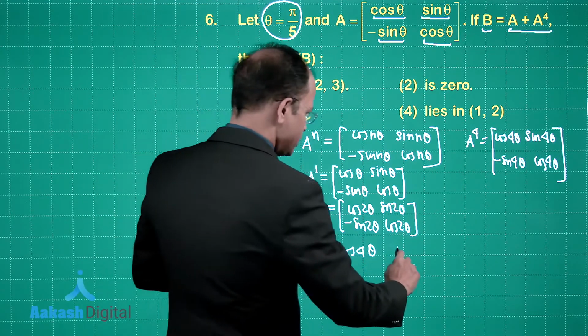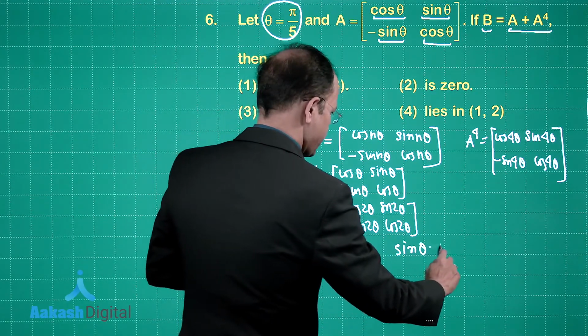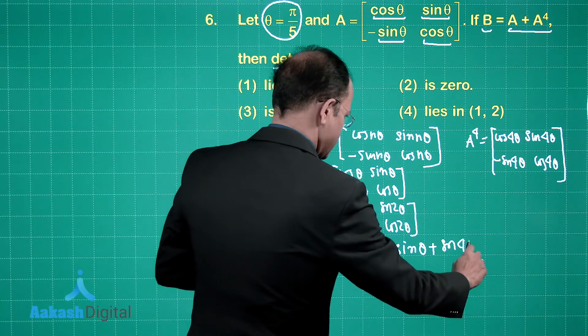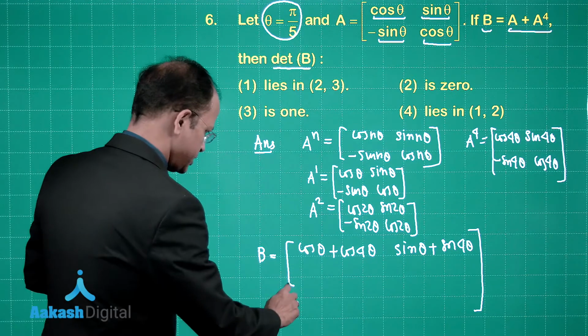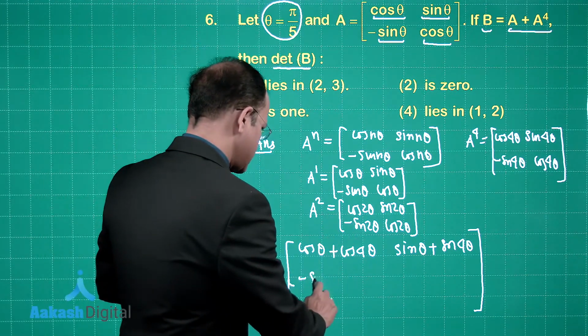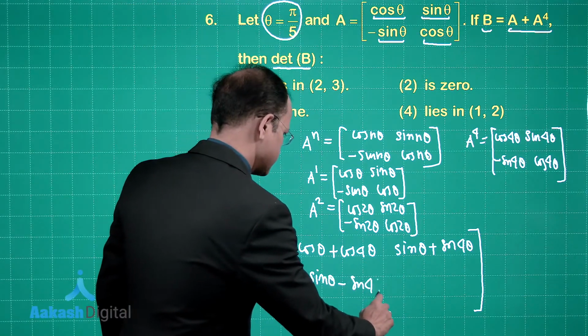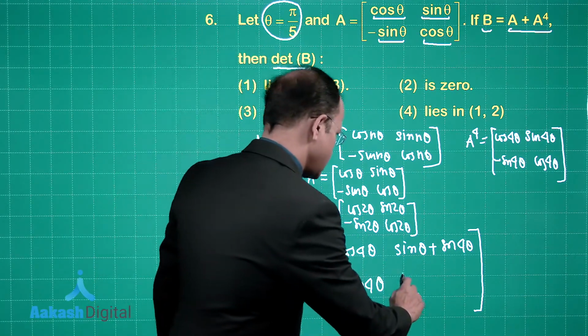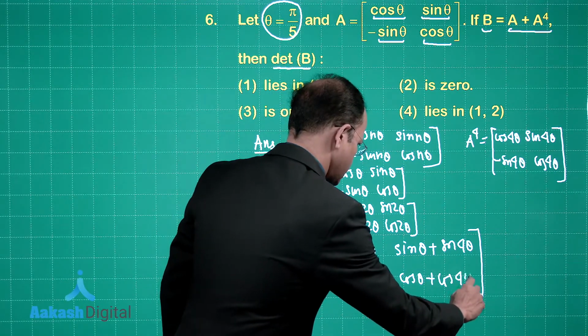Then we have sin theta plus sin 4 theta we have, right? Let me take it in this way. And this is nothing but we have minus sin 4 theta. Then we have cos theta, cos 4 theta we have.